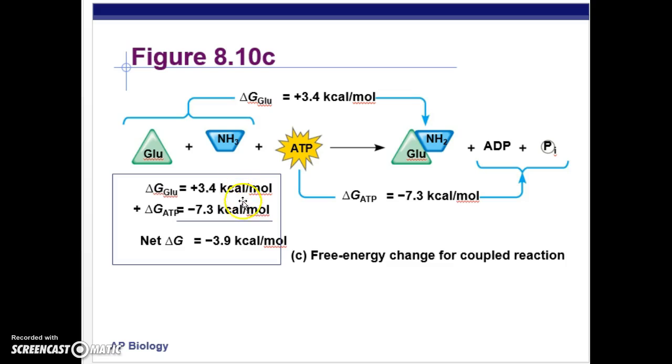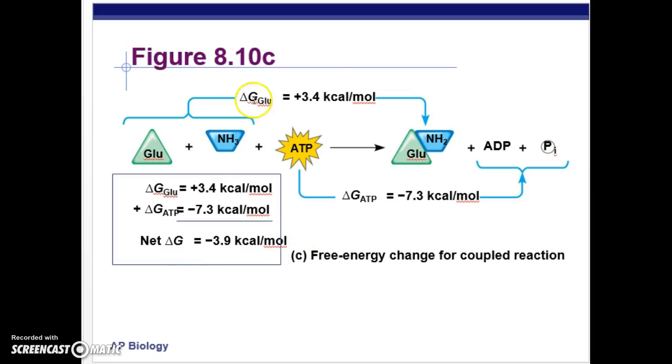If we add those up together, we end up with a net delta G of negative 3.9 kilocalories per mole. So this reaction right here is actually endergonic, but for the whole system, we have an exergonic reaction.